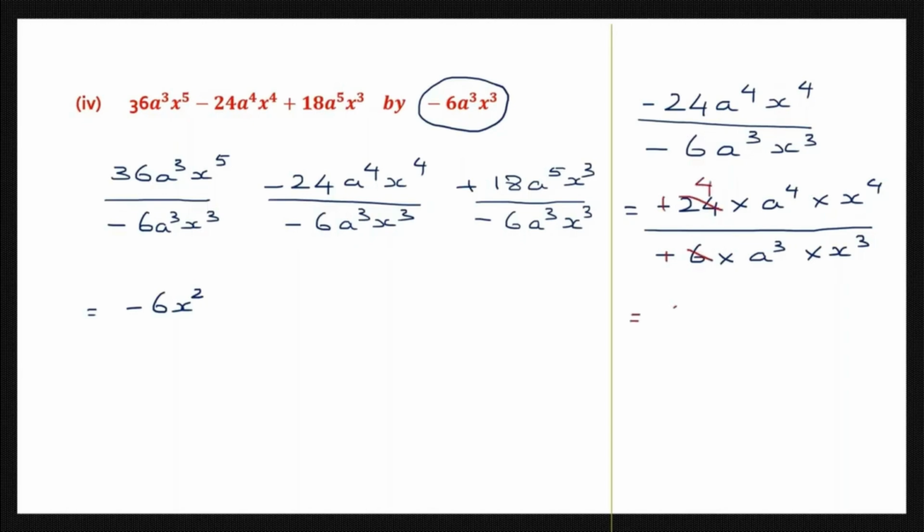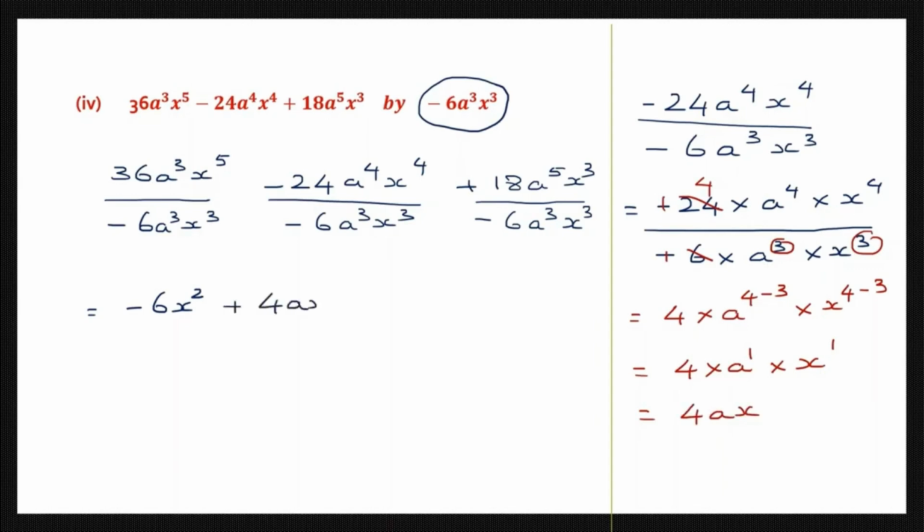So we have 4 into a to the power of 4 minus 3 into x to the power of 4 minus 3. So here we have 4 into a to the power of 1 into x to the power of 1. So that makes it 4ax, which we can write here. It's plus 4ax. Now we can take the third term.